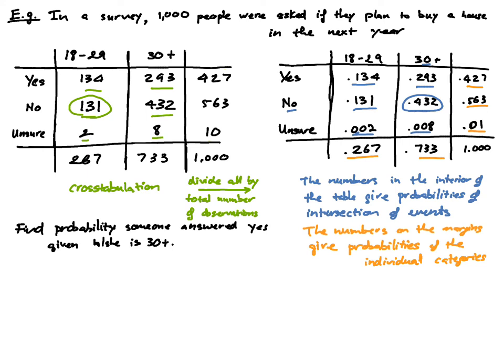So I think the most straightforward thing to do here is to just apply the formula, because we already have a bunch of probabilities.